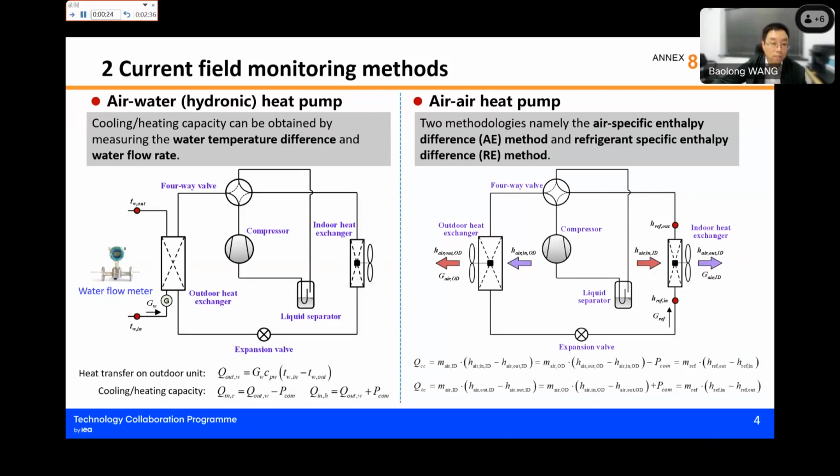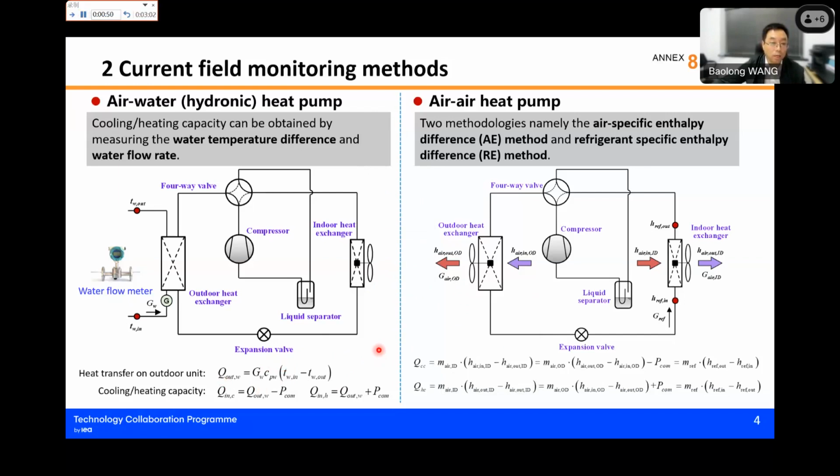In this kind of system, because you have the water loop, we can test the temperature difference between the inlet and outlet, and we also can cheaply and very easily test the water flow rate. So by using this equation, you can very easily calculate the heating or cooling capacity.